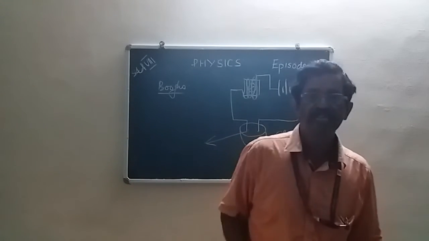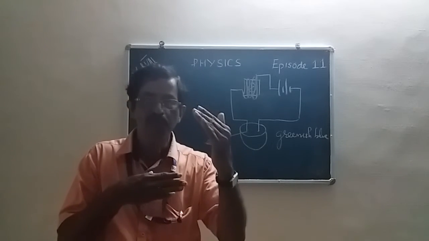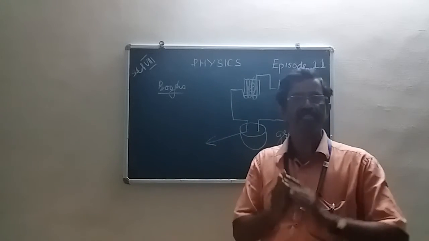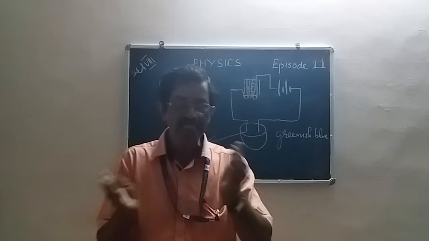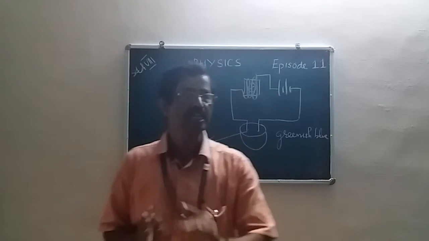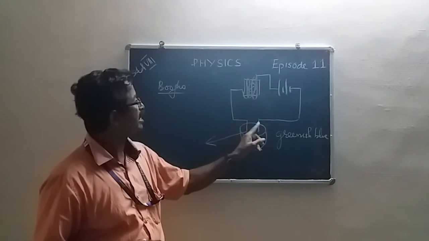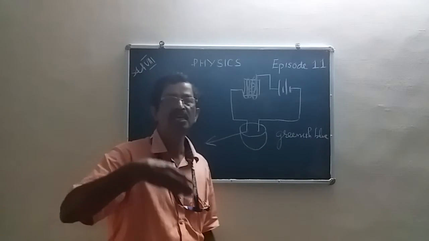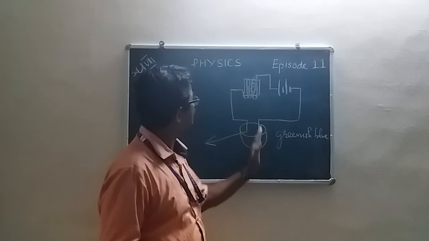From this, he got the idea that if we want to find the positive terminal of a concealed battery, where we cannot tell positive or negative, we can use this method. The terminal where the greenish blue color appears will be the positive terminal. So that is the observation.